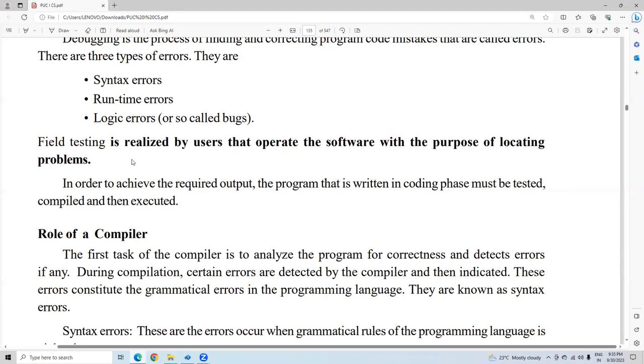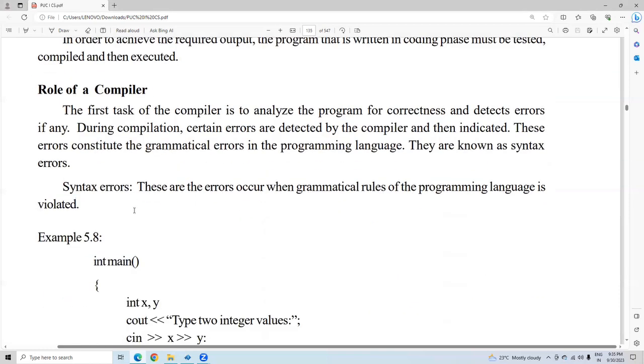So in order to achieve the required output, the program that is written in the coding phase must be tested, compiled, and then executed. So what is the role of a compiler? First of all, compiler means what? It is a translator for high level language, which translates source code of high level language to machine language.